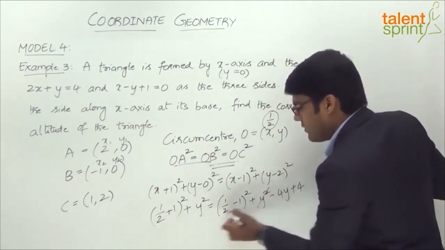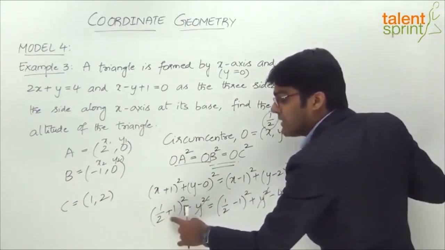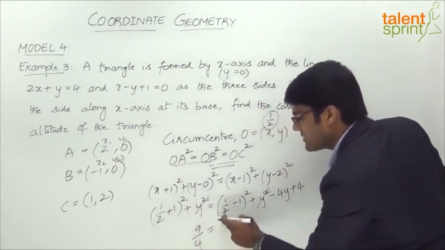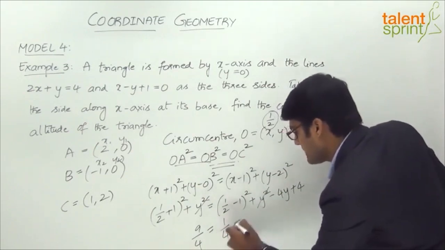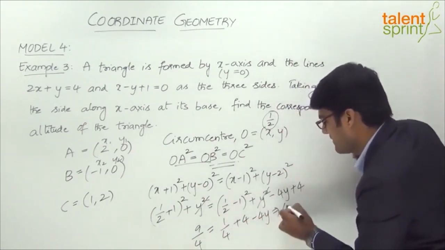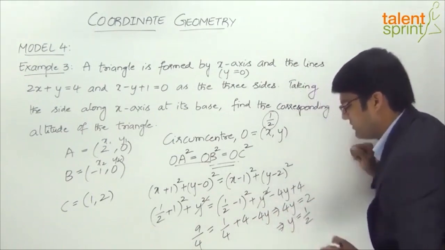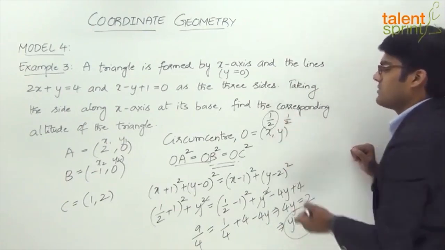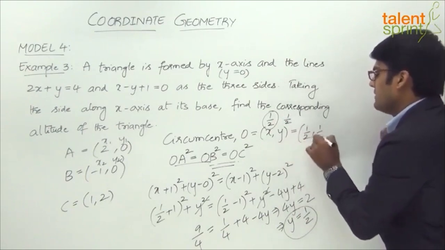So again we see that y squared anyway gets cancelled on both the sides. 1 by 2 plus 1 is 3 by 2. 3 by 2 squared is 9 by 4. 9 by 4 equals, this will be minus 1 by 2 whole square, which is 1 by 4, plus 4 minus 4y. So from this we get 4y equals 2, which implies y equals 1 by 2. So the y coordinate of the circumcenter is also 1 by 2. So hence we can say that the circumcenter of the triangle here is (1 by 2, 1 by 2).